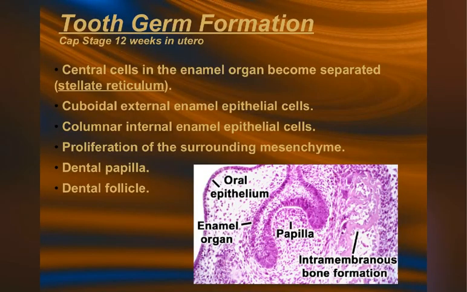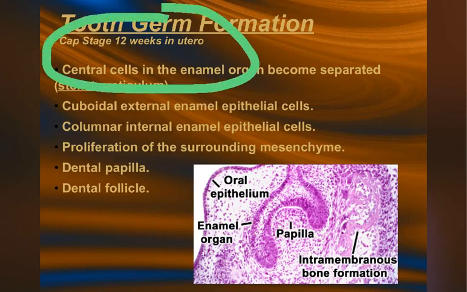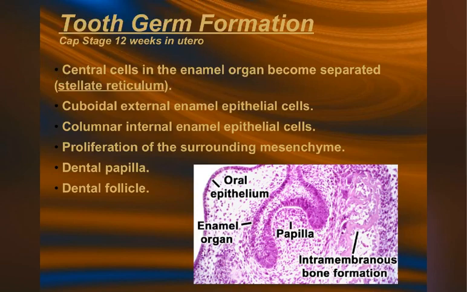Now we move to next week, week 12. So we have cap stage 12 weeks in utero, means late cap. Notice that this part of the enamel organ is arc-shaped now. In the early stage, it was straight like this. And now it's arc-shaped.